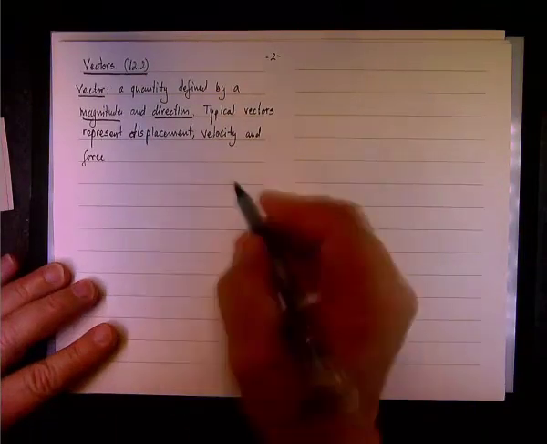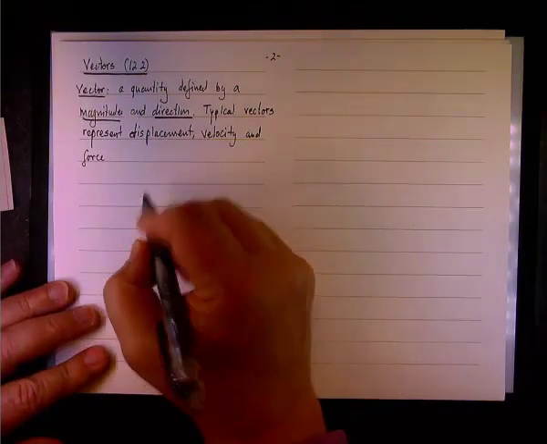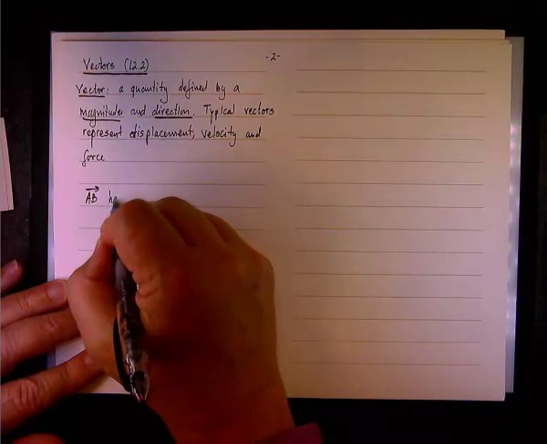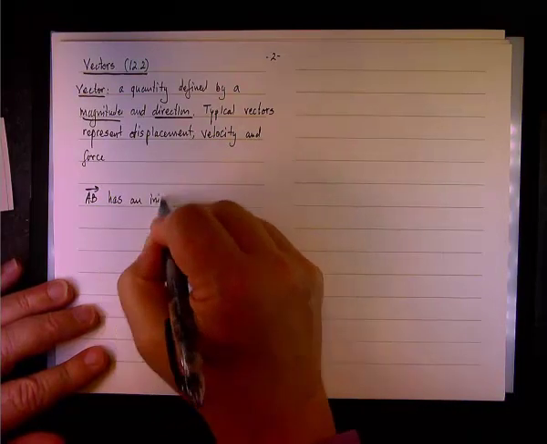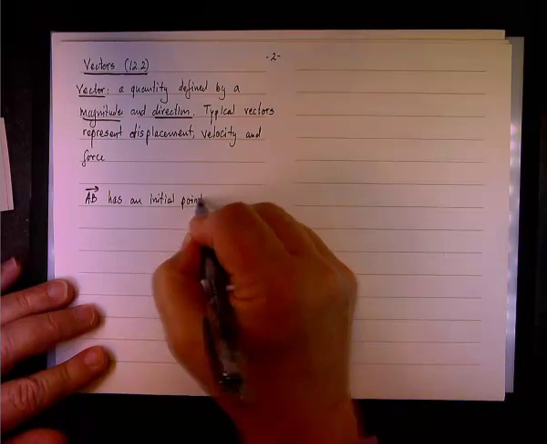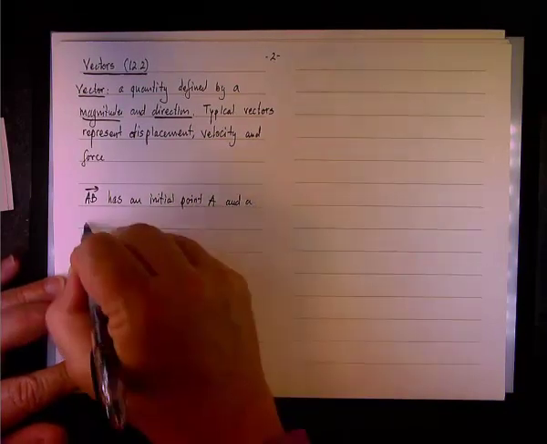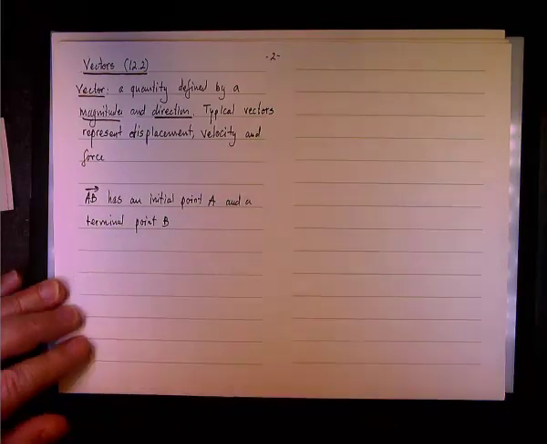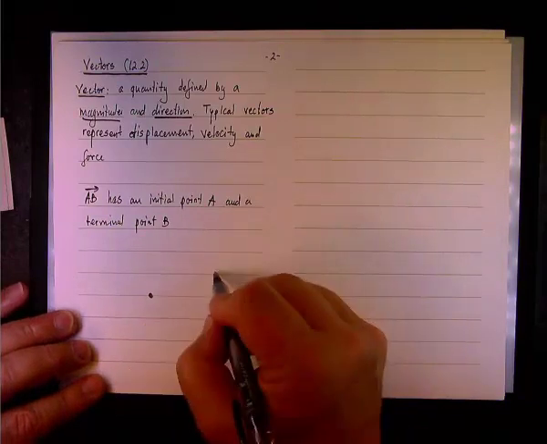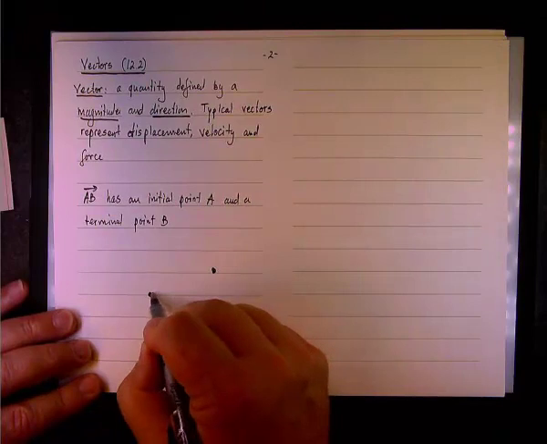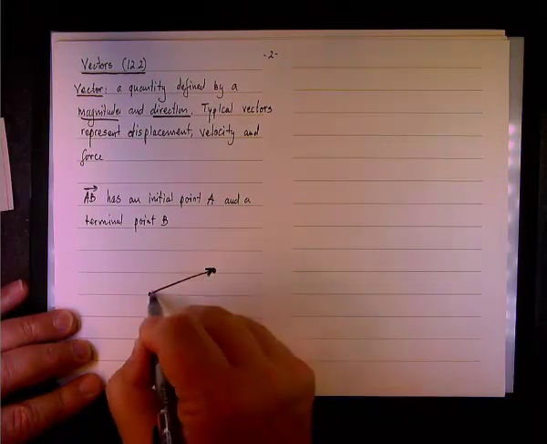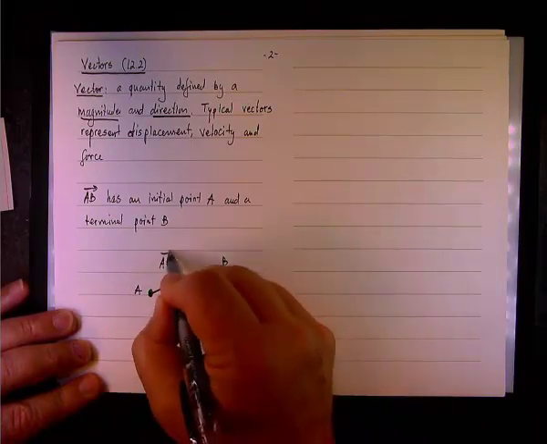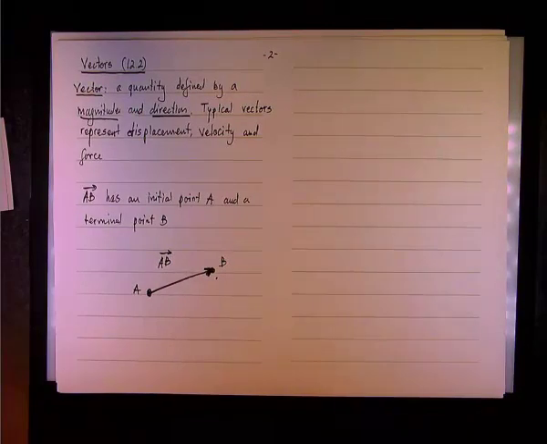The notation that we use in this course, actually before we go into notation, we're going to say that a vector AB, like so, has an initial point A and a terminal point B. So, for instance, if this is the point A and this is the point B, the way we define the vector AB is we draw an arrow from the initial point A to the terminal point B. And we're going to say this is vector AB.